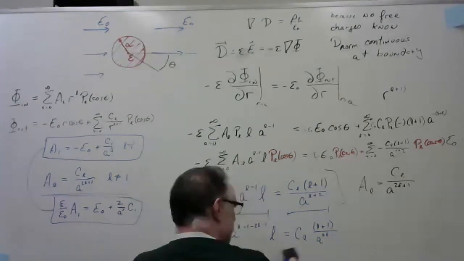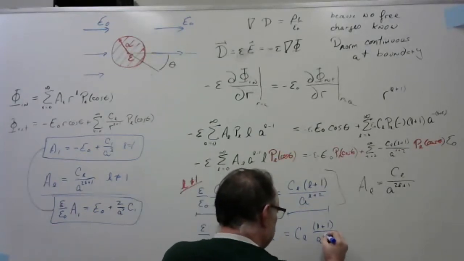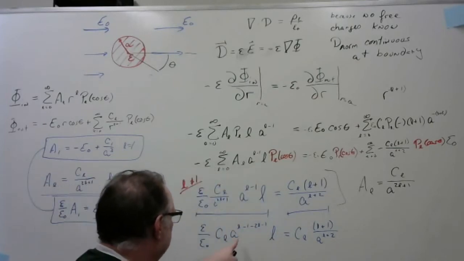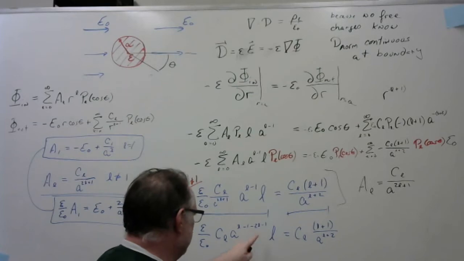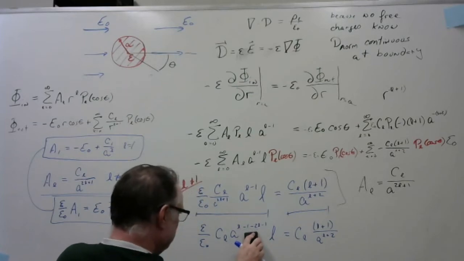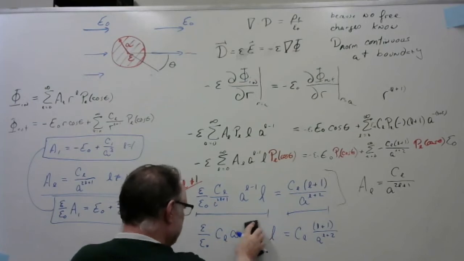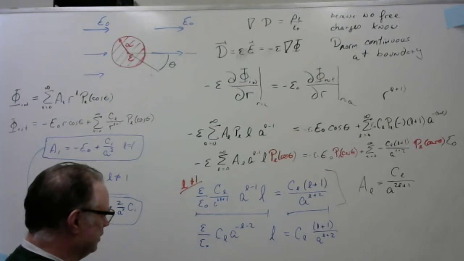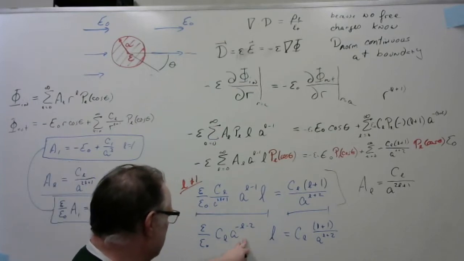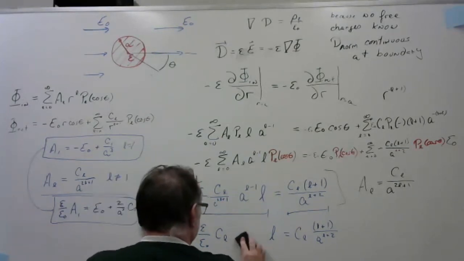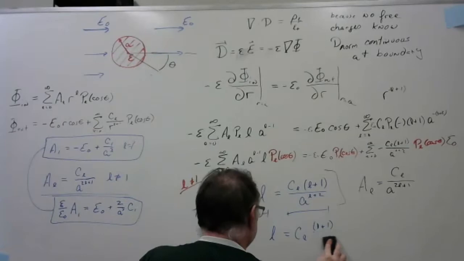No, L plus 2, sorry. L minus 2L is negative L minus 2. So this is minus L minus 2. Okay, so that's good at least, right? So minus L minus 2, which if I multiply both sides by A to the L plus 2, that gets rid of this, and that gets rid of this.